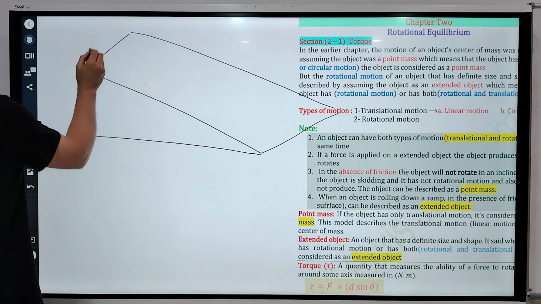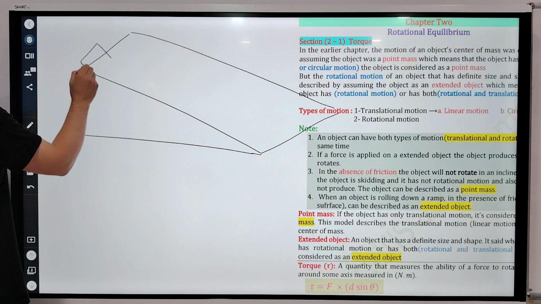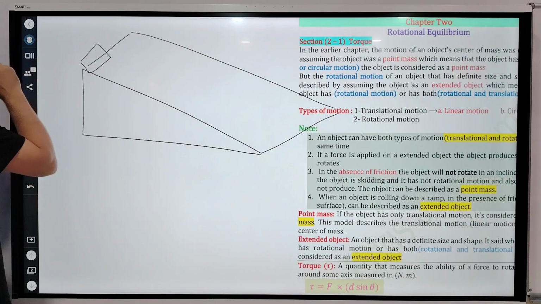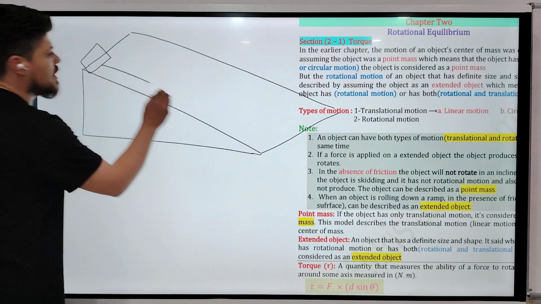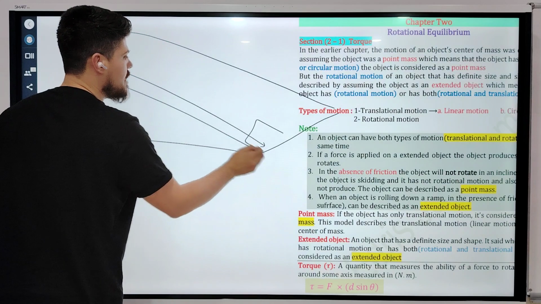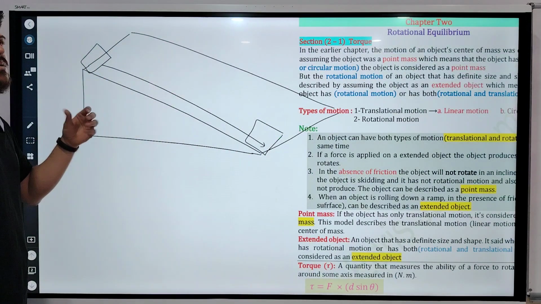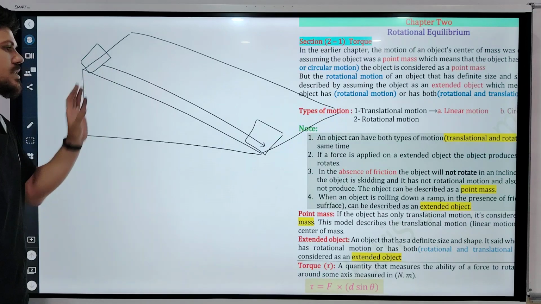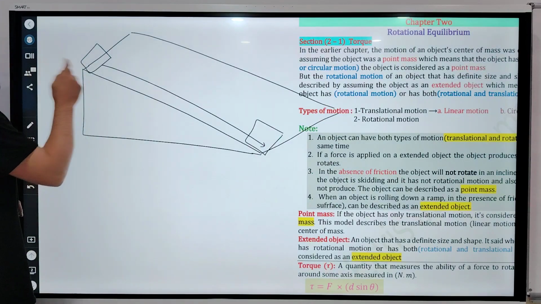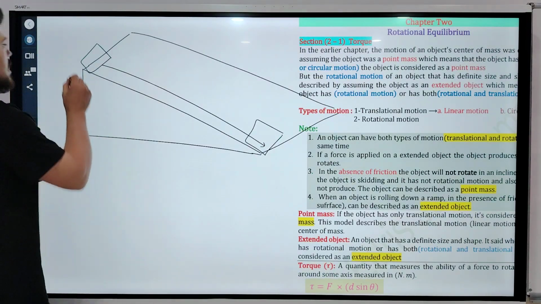For example, if you put an ice cube on this incline, because of gravity, the ice cube will move downward without rotation. Do we have rotation? No. The ice cube doesn't rotate. Why? Because of its shape. In that case, this object has only translational motion.